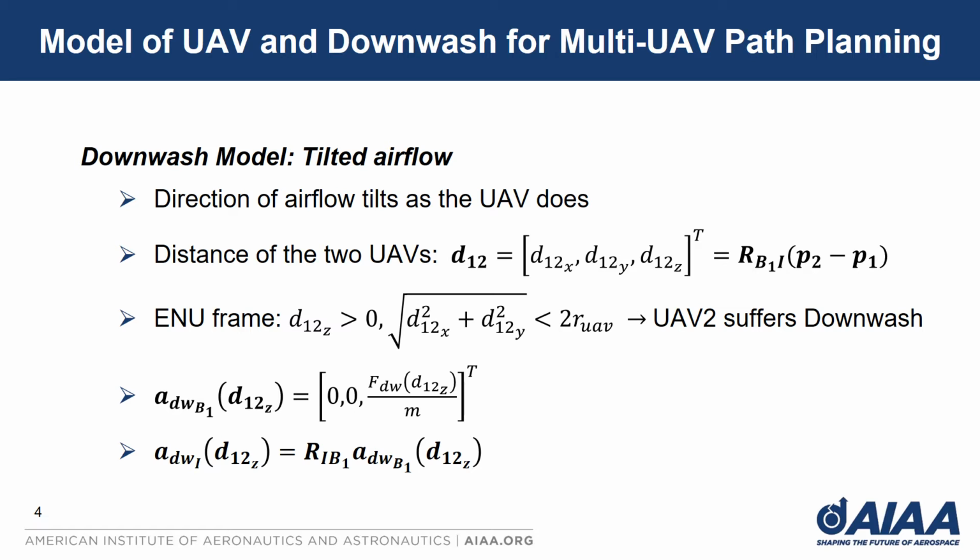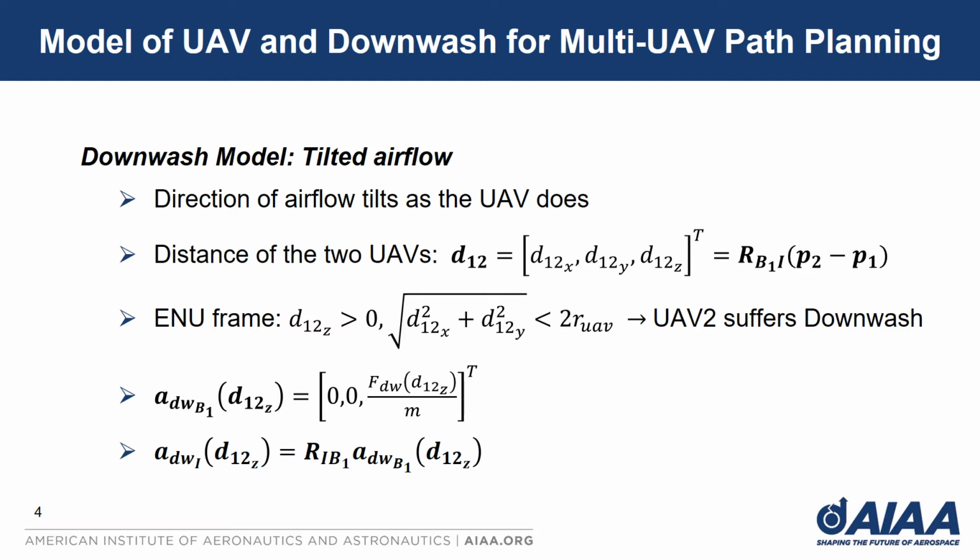Since the downwash airflow direction depends on the UAV orientation, the downwash model will also need to consider the UAV orientation. First, we need to obtain the distance between the two UAVs, and in the equations here we use UAV1 and UAV2.